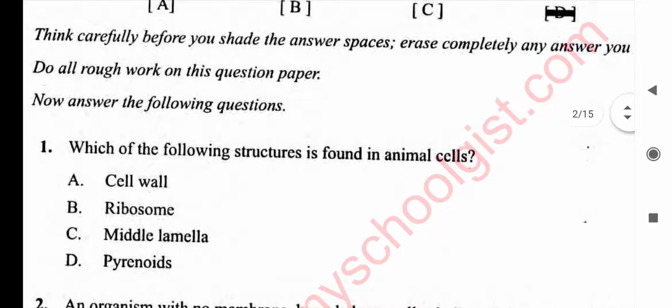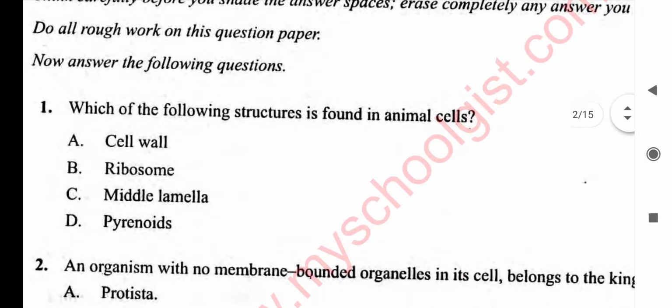So if you are asked to answer the following questions, these are the answers to the few questions I want to treat with you right now. Number 1, which of the following structures is found in animal cell? A. Cell wall, B. Ribosome, C. Middle lamella, D. Pyrenoids.